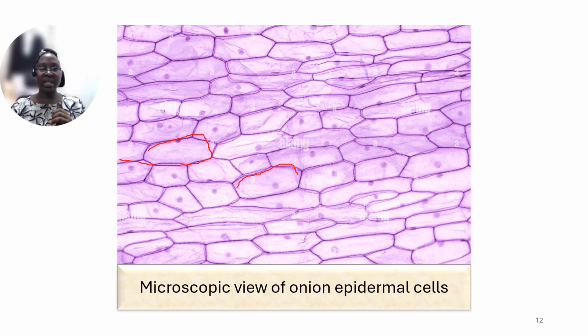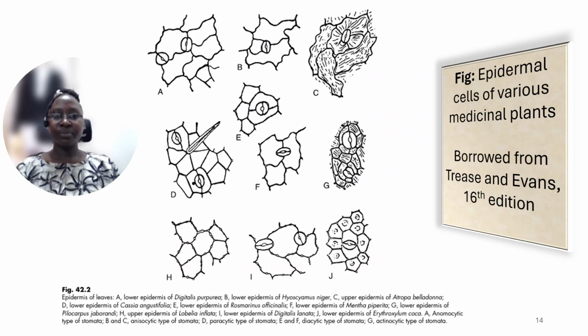Once they are specialized, they will appear differently from what we are going to see as we move. For this imaging, I recommend you purchase the book of Trease and Evans, the 16th edition. It has all this.